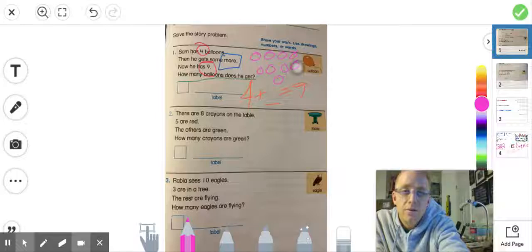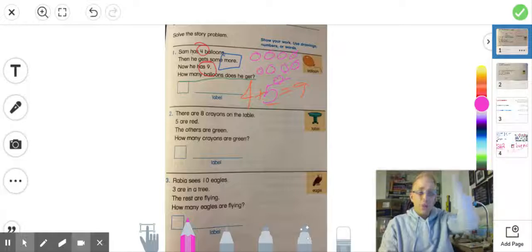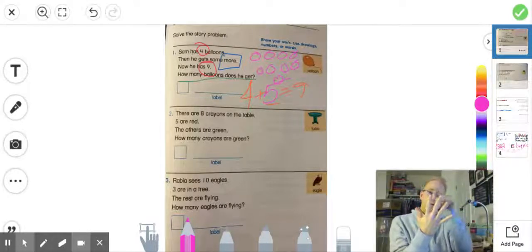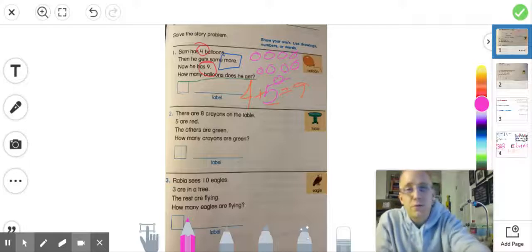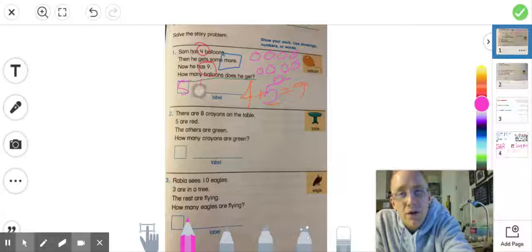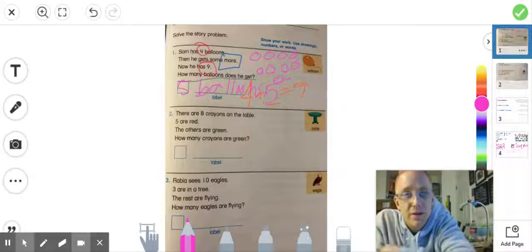That's 1, 2, 3, 4, 5. So 4 plus 5. Put 4 in my head. 4, 5, 6, 7, 8, 9. 9 balloons. That works perfect. So 5 is how many it took me to get to 9 balloons. Remember, we're talking about balloons, so I'm always going to write my label, balloons.